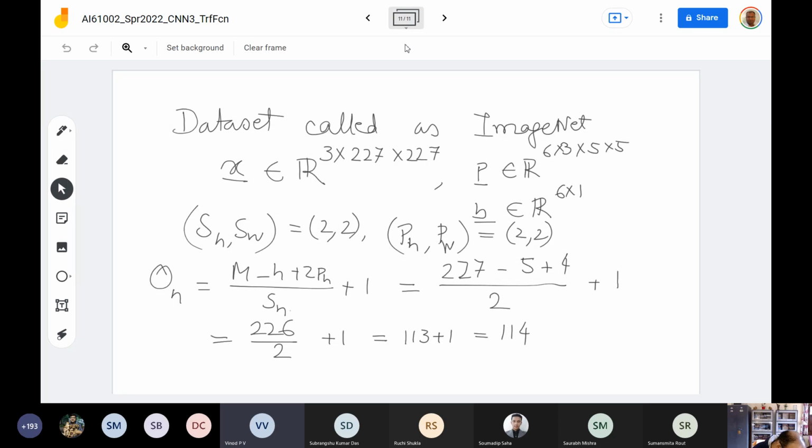Now you would see that this OH is approximately m by 2. It's just a tad bit lesser than m by 2. M by 2 would have been 113.5. So the closest integer is this.